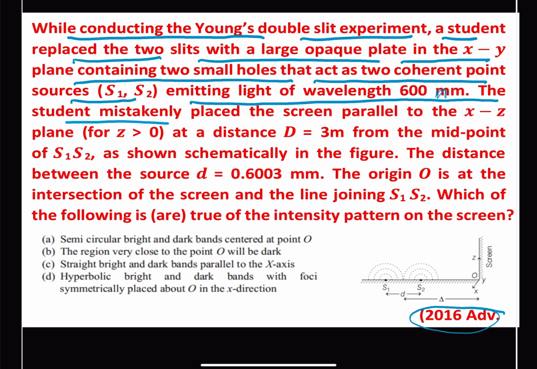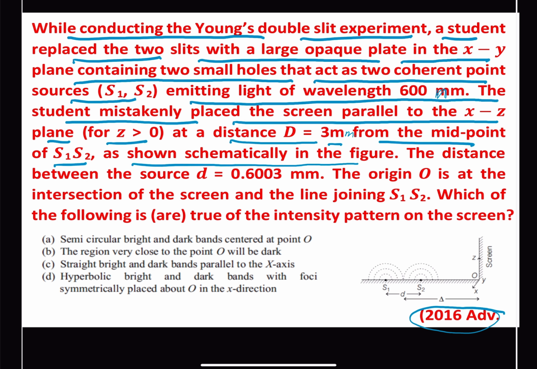The student mistakenly placed the screen parallel to the XZ plane for z greater than 0 at a distance D, which is 3 meter, from the points S1 and S2 as shown schematically in the figure.